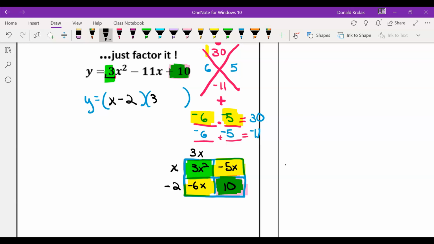This is going to be 3X. Now the GCF between 5 and 10 is 5. Since this is a leading negative, pull out negative 5. And it's factored.